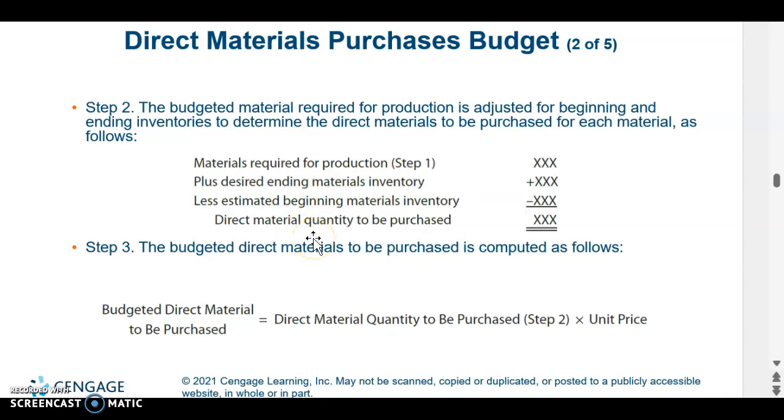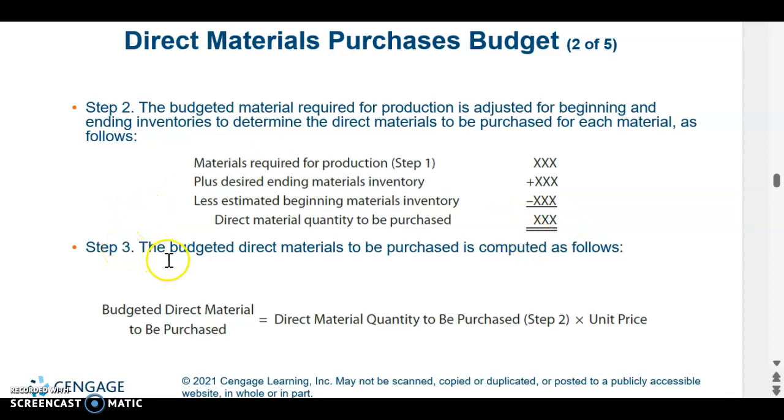You'll have material required, from step one. And then you're going to add the amount of desired ending inventory minus the amount we started with to give you the direct material quantity to be purchased.